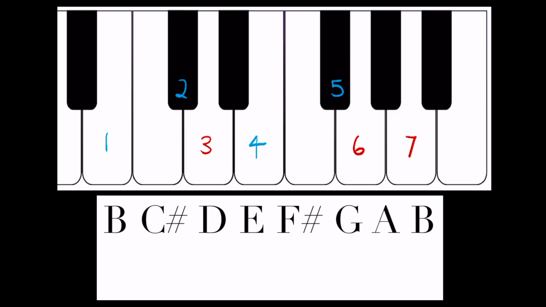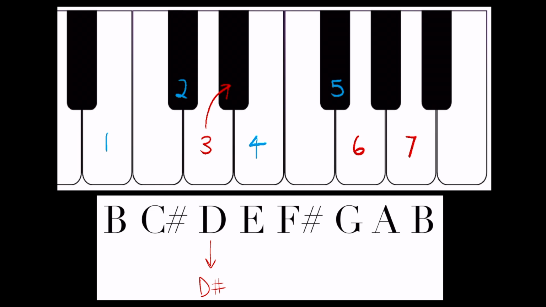Let's do the same but reverse the process. So if we're going from B minor to B major, we're going to leave our first and second notes alone again. We're going to grab our third note here, our D, and we're going to change that. We're going to raise it up a semitone this time to become D sharp, our major third, rather than our minor third.